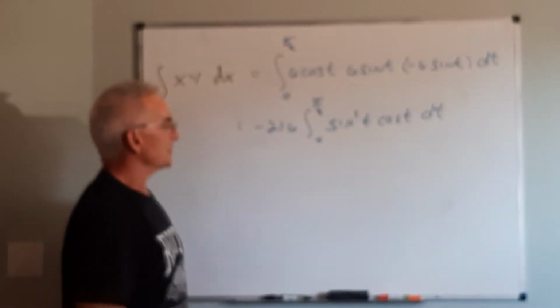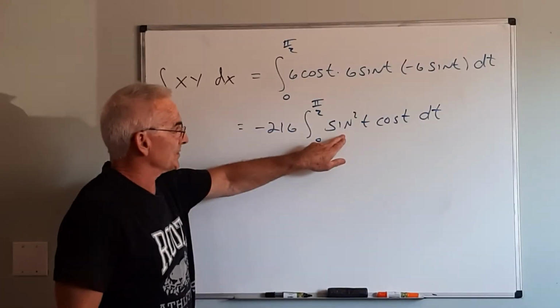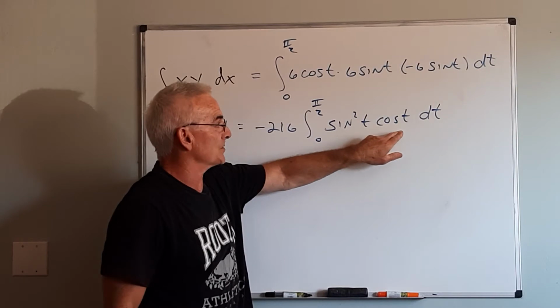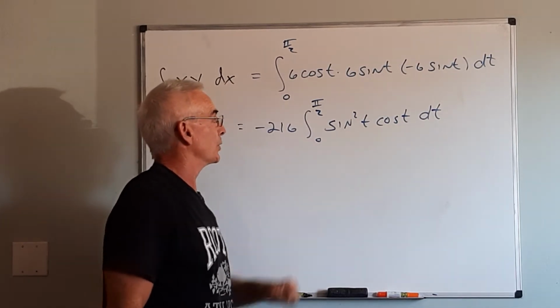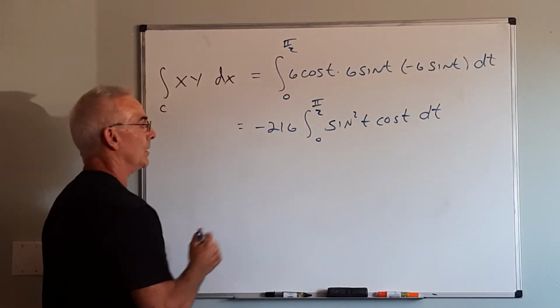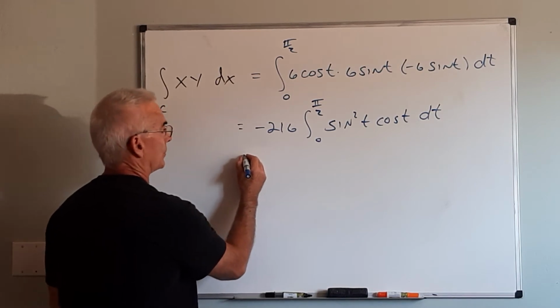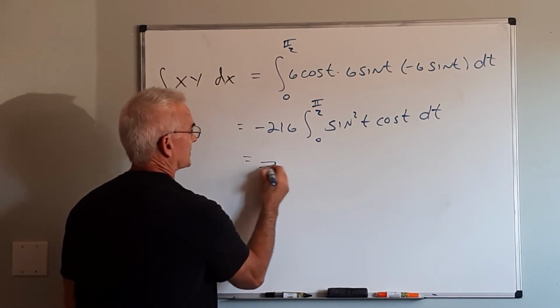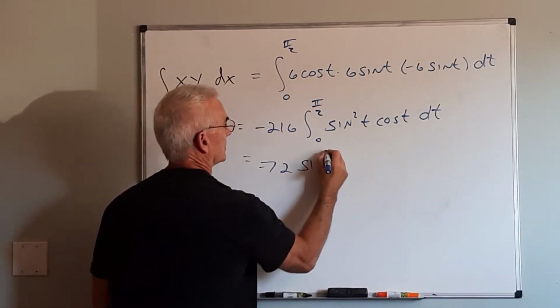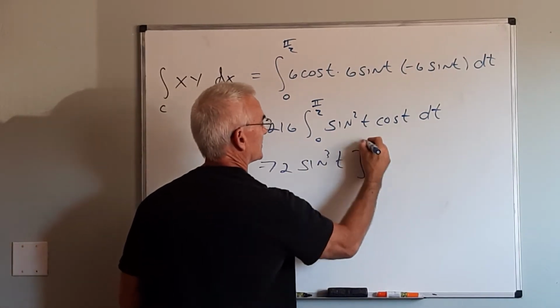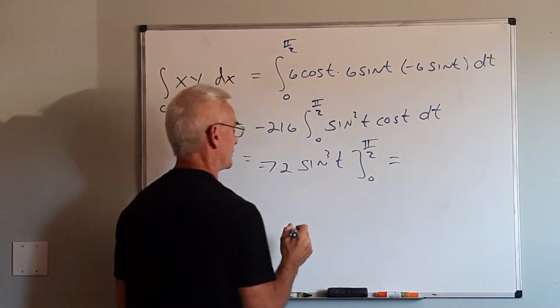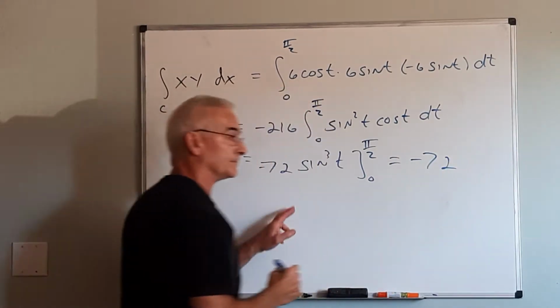If I think of this as a u substitution, if my u is sine t, then my du is cos t dt, so this is already in a perfect form of u squared du. So my antiderivative, 1/3 u cubed, would give us negative 72 times sine cubed from 0 to pi over 2, which would just be negative 72.